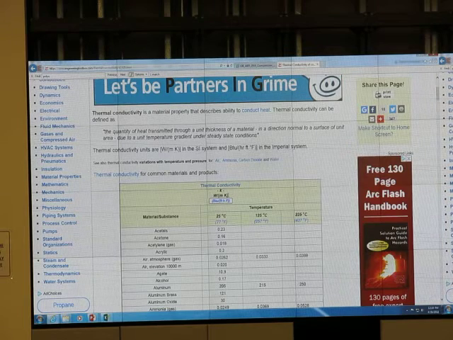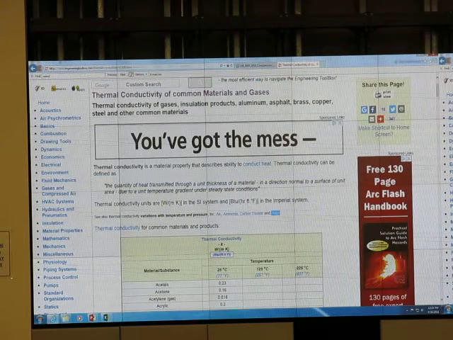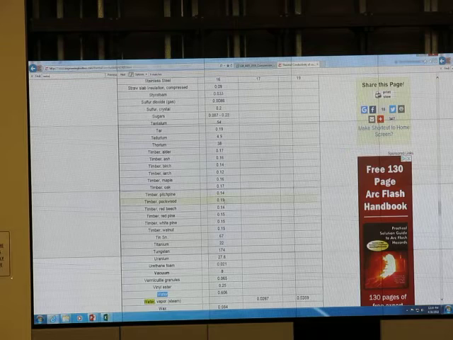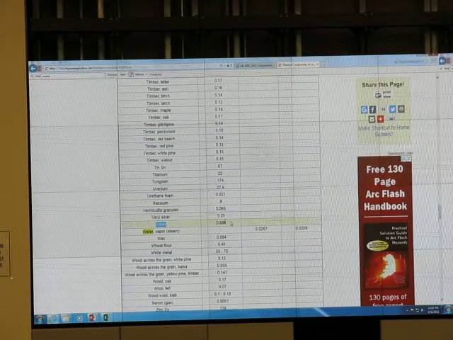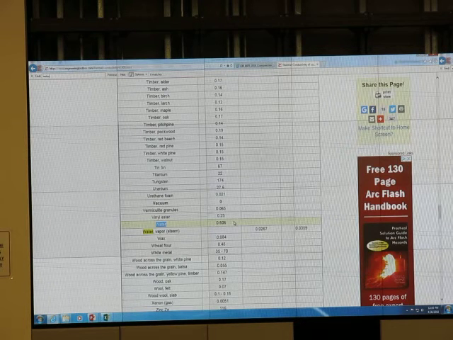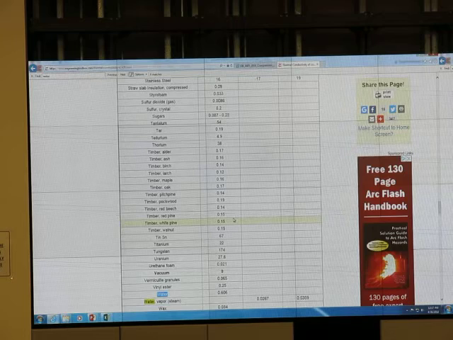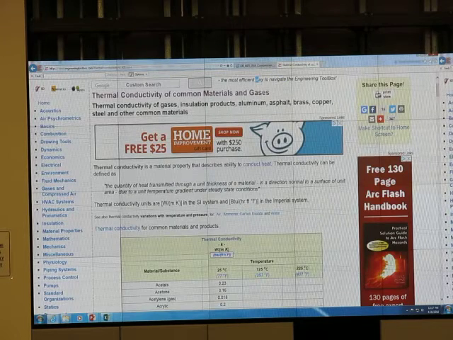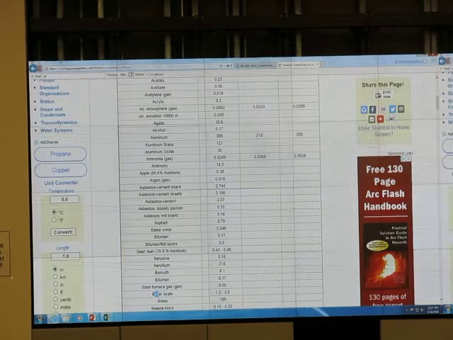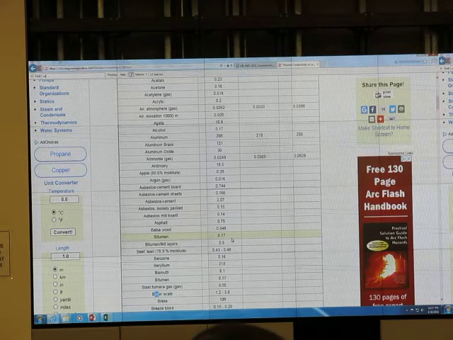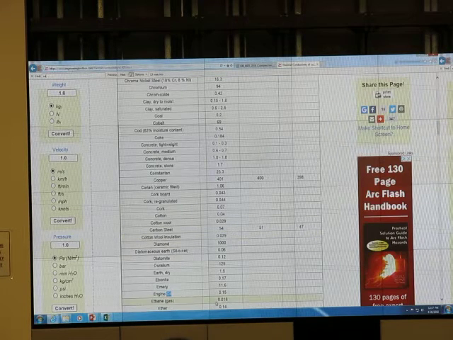What about water? It depends on what temperature, but you can use 0.6 for water thermal conductivity. What about oil thermal conductivity? You can write 0.13. Let me search it. Engine oil 0.15.